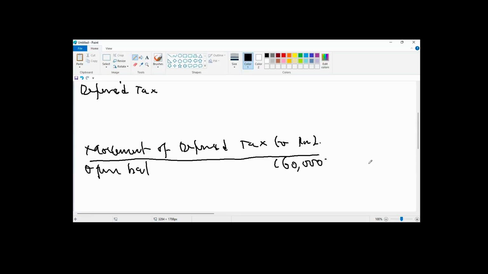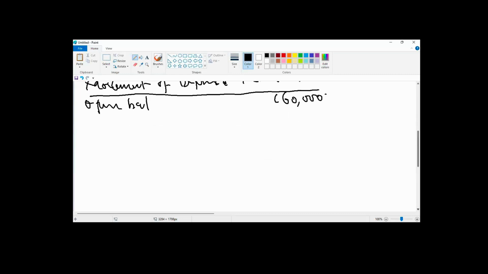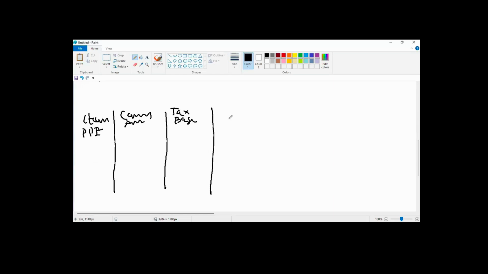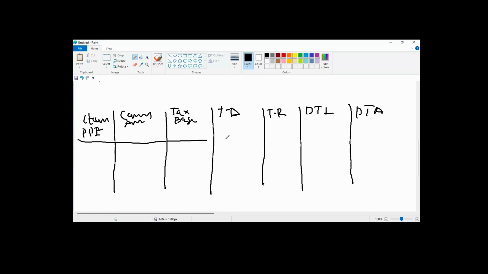He now said as at year end, you have a temporary difference. Items: PPE. Carrying amount, tax base, temporary difference, tax rate, deferred tax liability or deferred tax asset. The PPE creates a temporary difference.